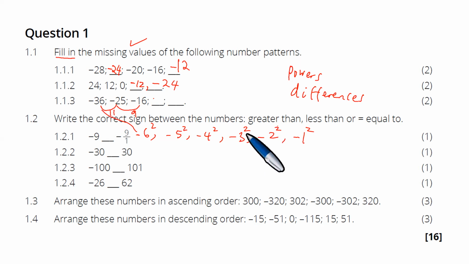It's 9, so this will be minus 9. Then after minus 9, you have 2 squared. What is 2 squared? It's 2 times 2, which is 4. All these are negative numbers.